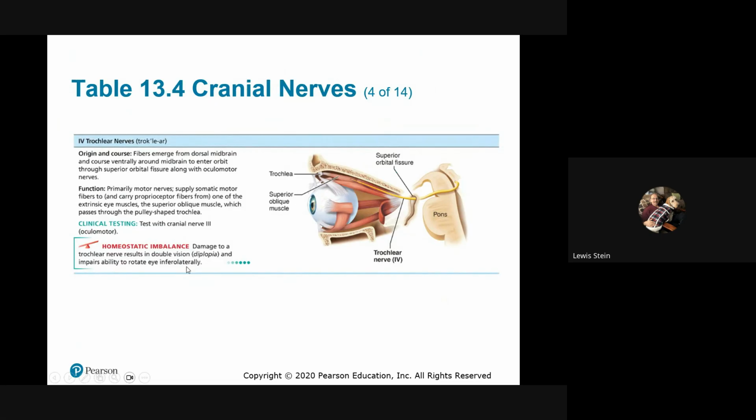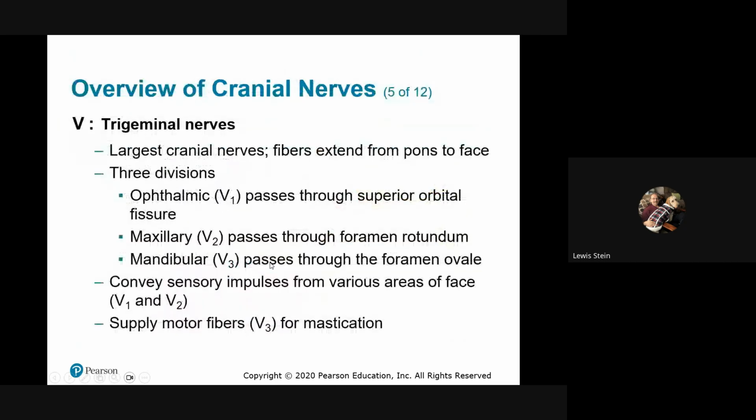Remember, LR6SO4, and it impairs the ability to work. Because what the superior oblique does is pull the eye down and out, so to speak. So you can take your vision and look down that way. That's mechanics.